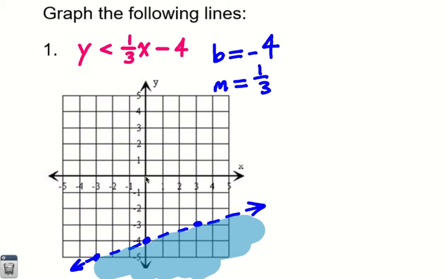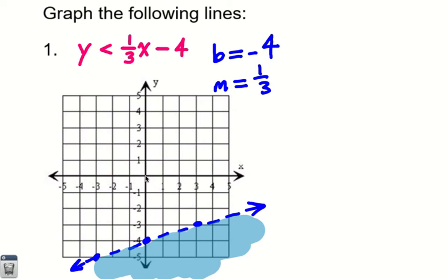Well, 0, 0. Unless it falls right on the line. If 0, 0 actually is on the line, you can't really use it as a test point on either side, right? But here we could have tested 0, 0 to see if it's a solution, and in this case it would not make it true.